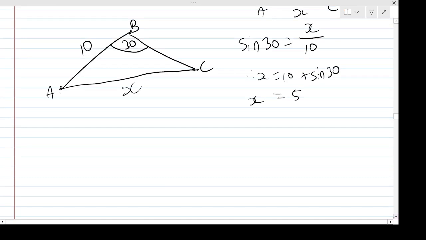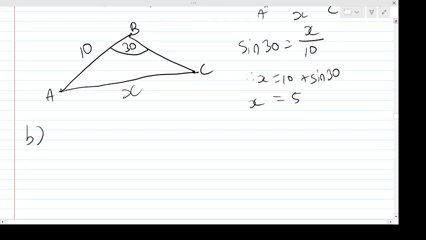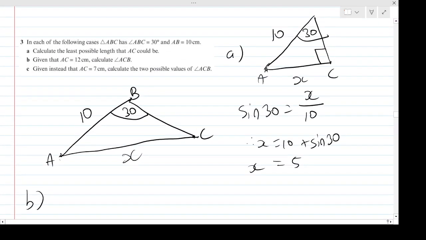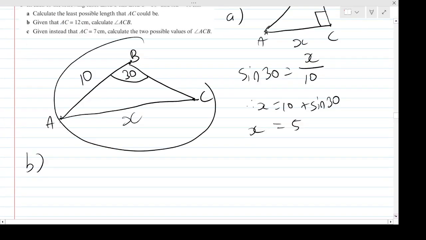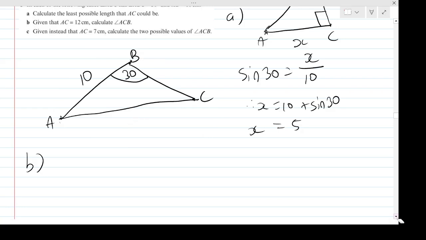Okay, let's have a look at part B then. It says, given that AC is instead, so we're going back to our generic triangle. We're told now that AC is 12, so we can get rid of that, and now we know it's 12. Calculate the angle ACB, so that's this angle theta there. Well, we're dealing with two angles and two sides, right?